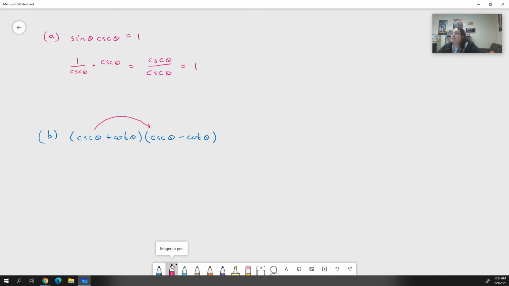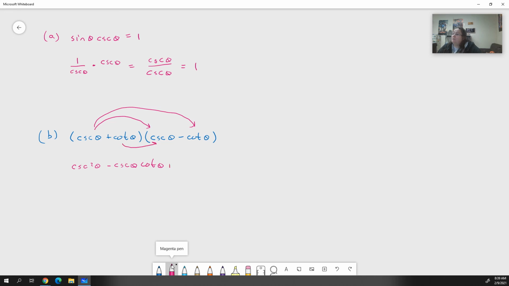And I can go cosecant times cosecant. Well, that's going to give me cosecant squared of theta. And then I'm going to do the same thing to this part. That's going to give me minus cosecant theta times cotangent theta. And I'm going to do the bottom, right? Because I've multiplied this times everything already.